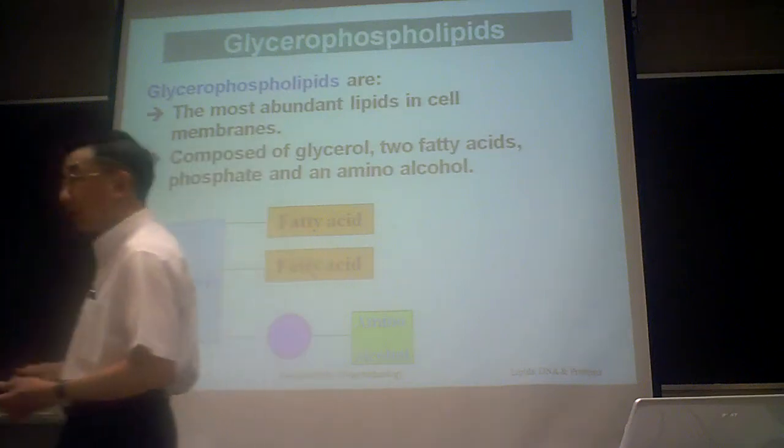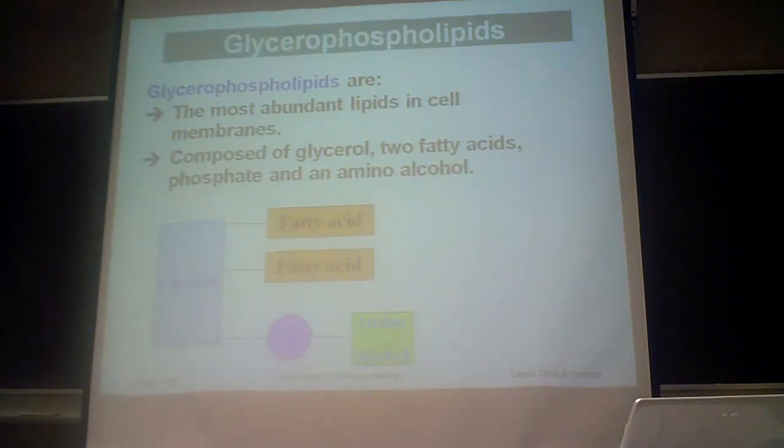Okay, so let's look at the first class of this lipid system, glycerol phospholipids. Okay, this is the most abundant. Glycerol is a three-carbon alcohol, right? And the OH groups can react with the fatty acid and have these aliphatic end groups.